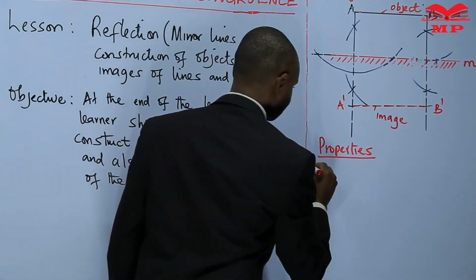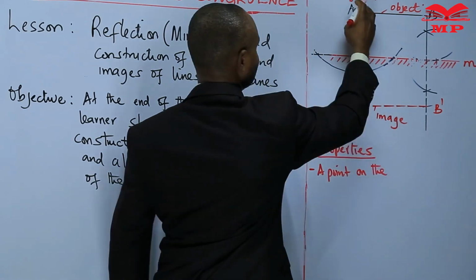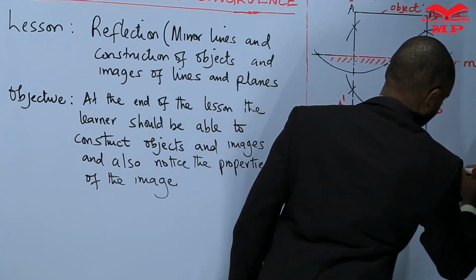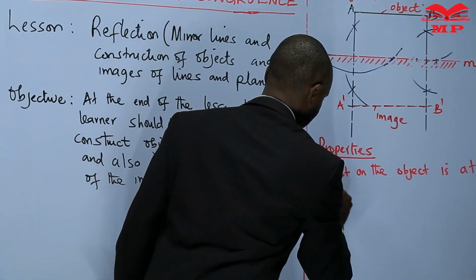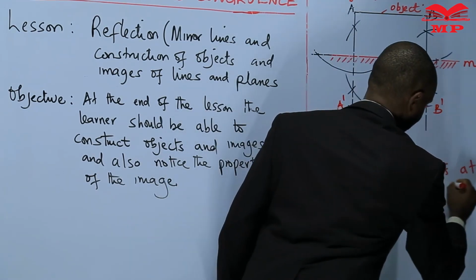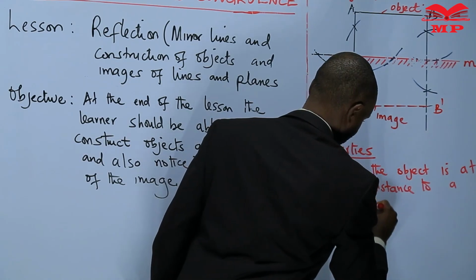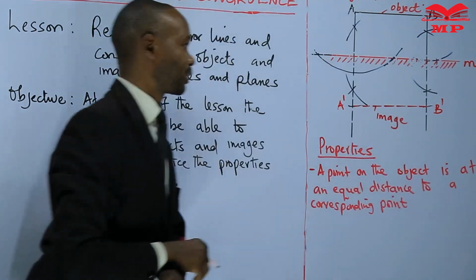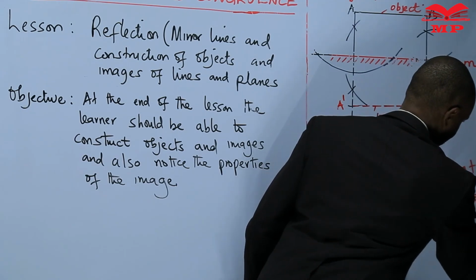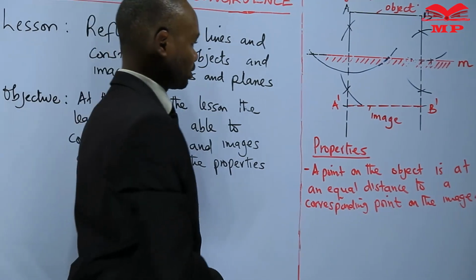A point on the object is at an equal distance to a corresponding point on the image from the mirror.